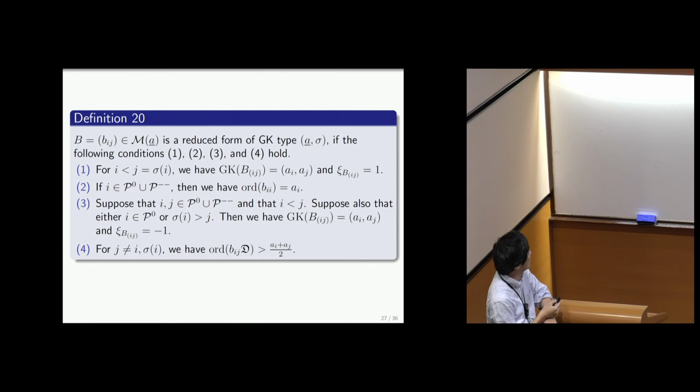If i is a fixed point of sigma or in P minus minus, then the order of B_ii should be equal to A_i.